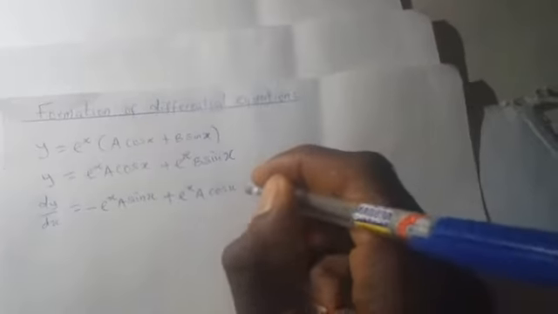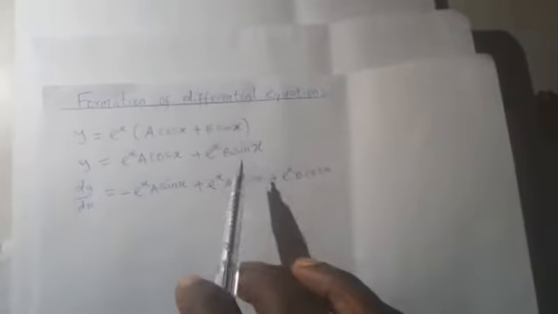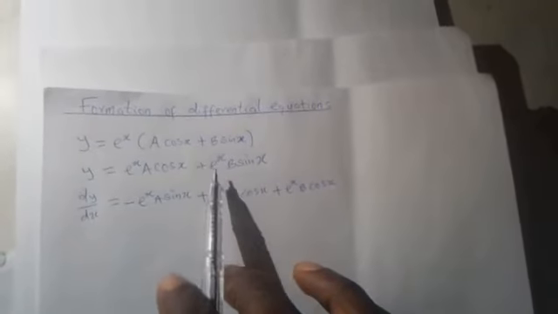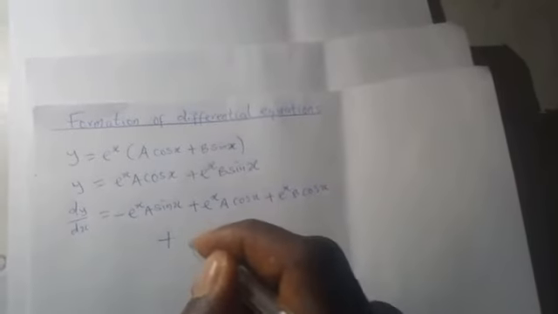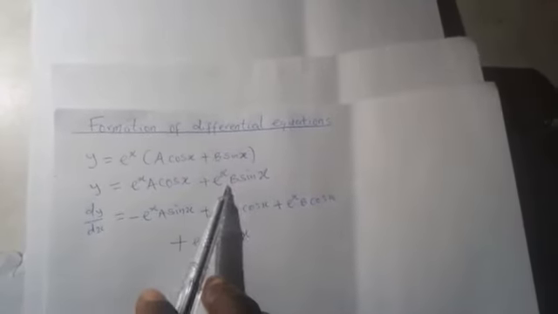If I keep e^x constant and differentiate b sin x, I will have positive e^x b cos x. Now if I keep b sin x constant and differentiate e^x, I'm going to have plus e^x b sin x.